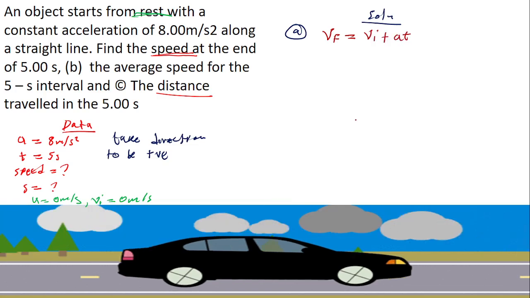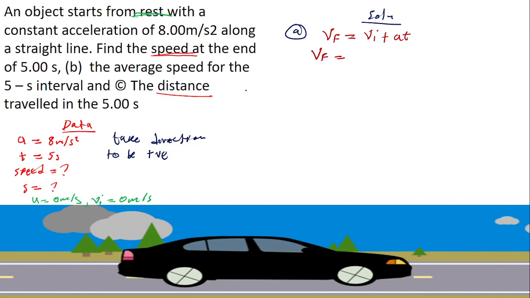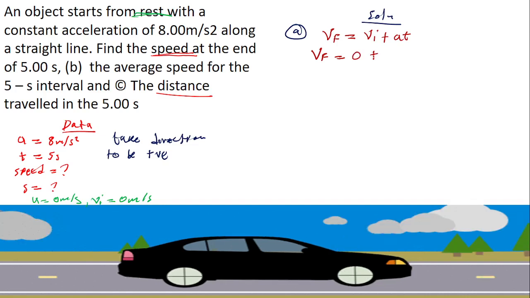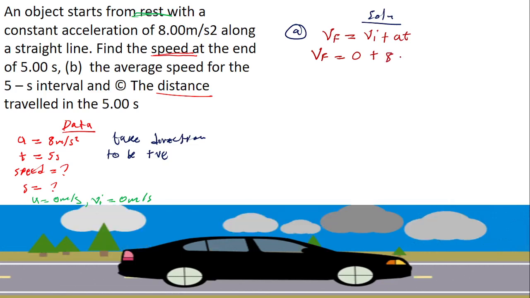Then from this information, we can simply say VF is equal to, we get the information: the initial velocity we had was 0, or the initial speed was 0. So you can say 0 plus, and then if you check, the acceleration was 8, and the time was simply 5 seconds.